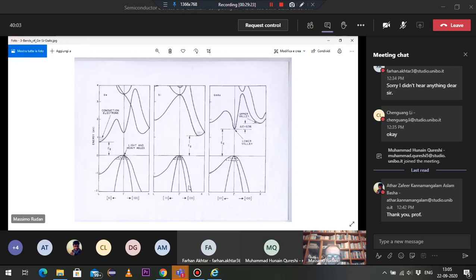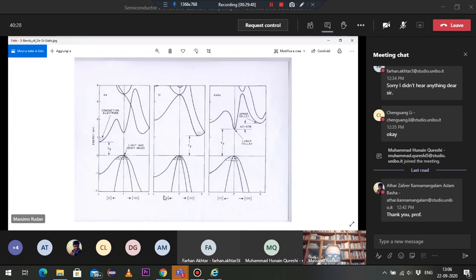So the right half of the figure of silicon reproduces the figure that was shown before. You remember there was the conduction band with the maximum here, and then it went down, there was a minimum. This minimum corresponds to EC, and then it goes up again.